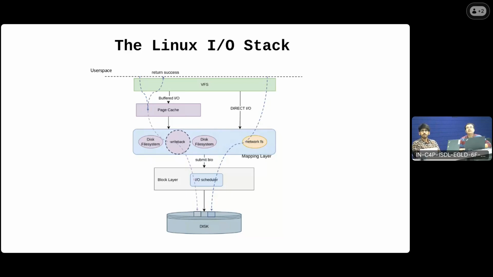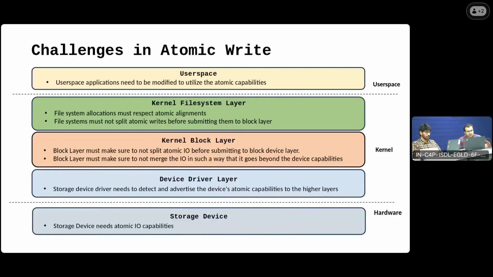So this is a general IO stack, and the reason for showing this entire IO stack is that we will eventually go through each and every layer of it and talk about how support for atomic writes is required. All these layers require changes to support atomic writes. We can go to the next slide.